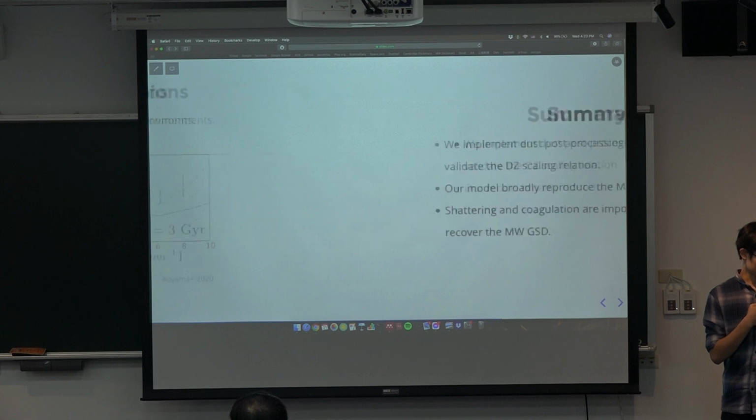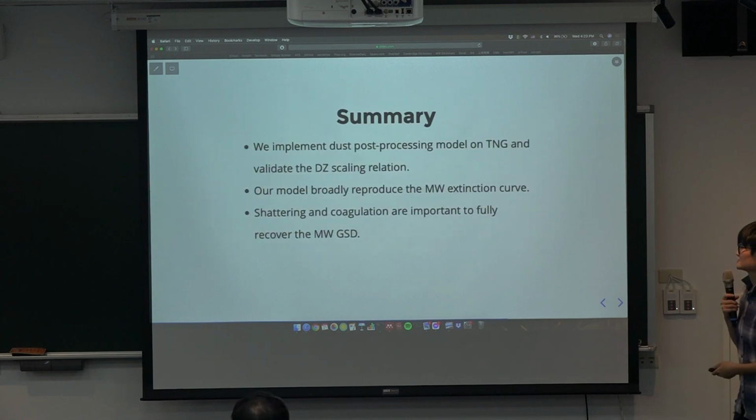So to sum up, for my own research, I implemented the post-process model on TNG, and also validated it with the dust-metallicity scaling relation. And our model really reproduced the MW extinction curve.